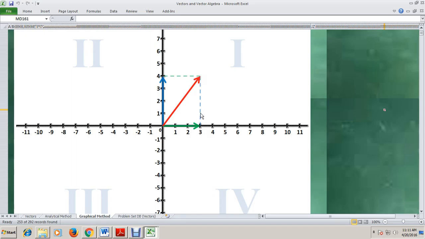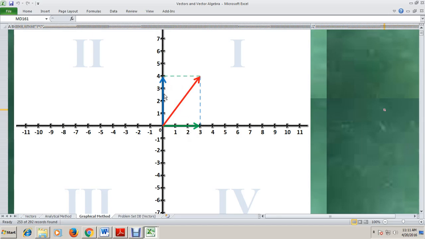Whereas this distance is the projected distance of the point on the y-axis, which is 4 units. So the values 3 and 4 are the projected distances on x and on y, just like what we presented in our definition of the Cartesian coordinate system.